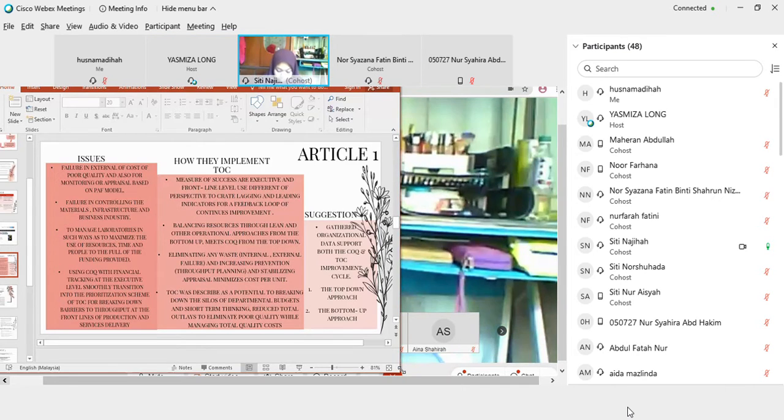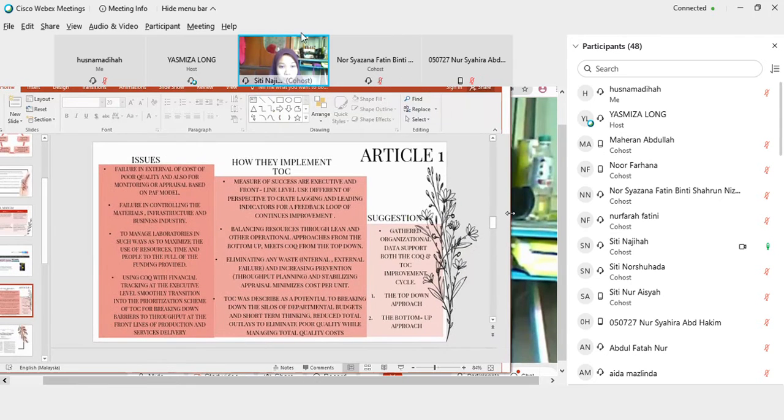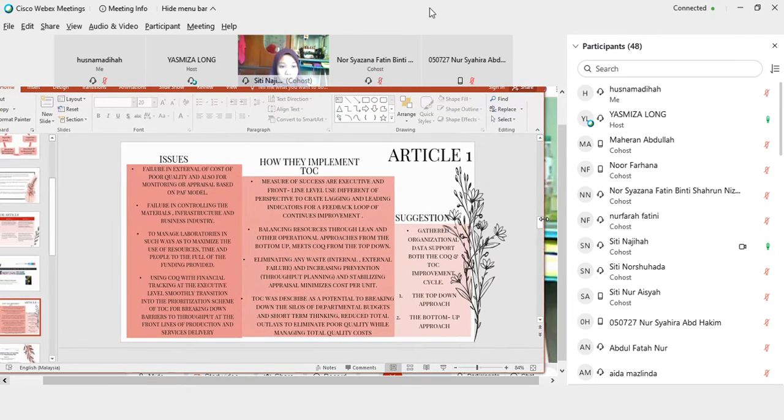So, in this article, TOC defines the constraint of the weak link by balancing resources and other operational approaches from the bottom up, mixed with COQ from the top down. Other than that, they are also eliminating any waste such as external or internal failure and increasing prevention, for example through training, and they are also stabilizing to minimize cost per unit.